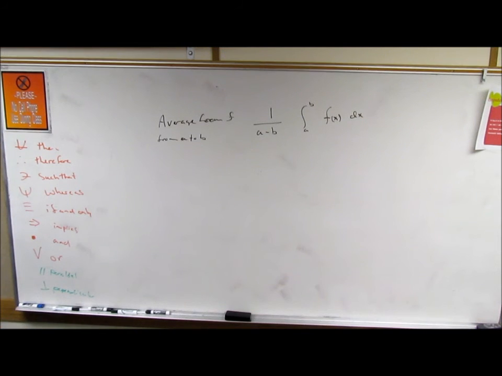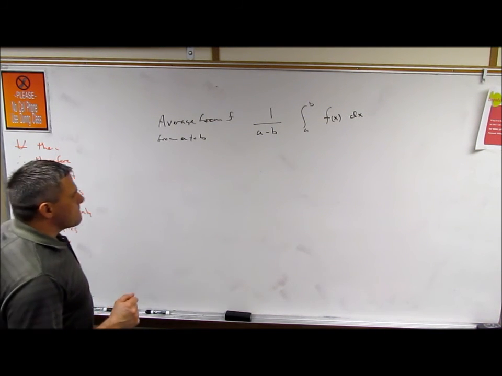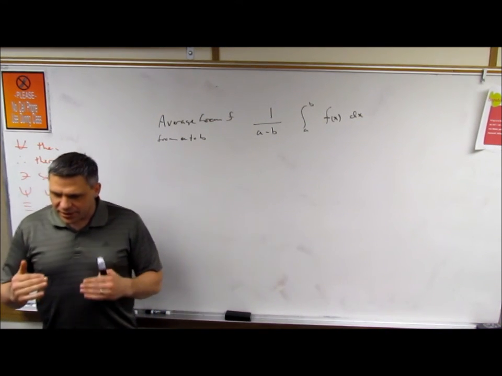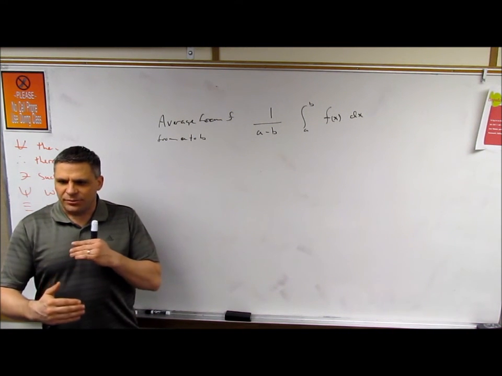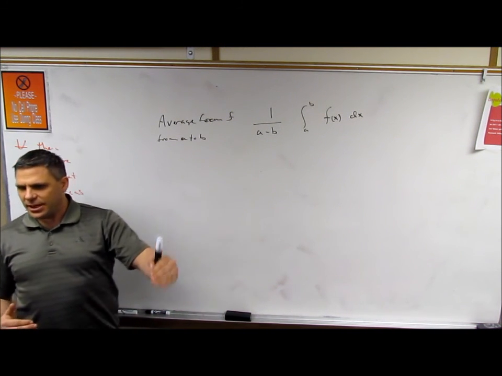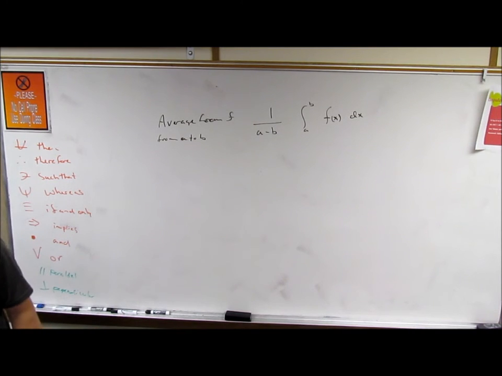So kind of what's going on here is, when we were looking at integrals, like I talked about before, the integral is kind of going in the reverse direction of the derivative, right?